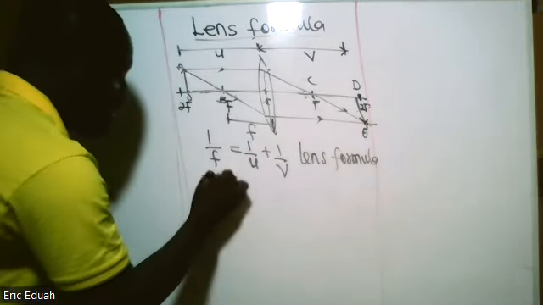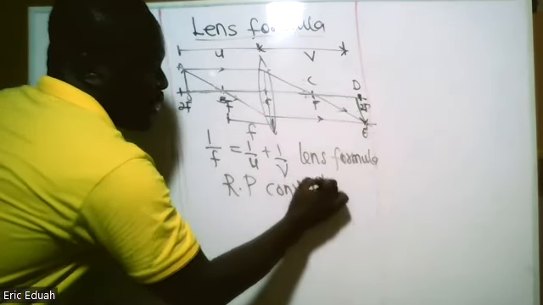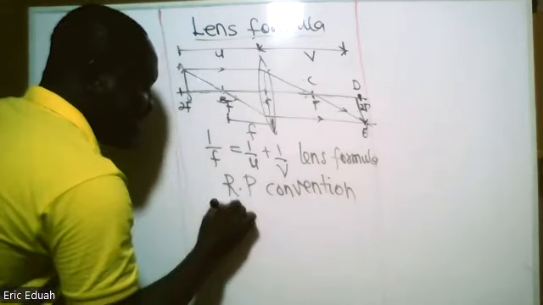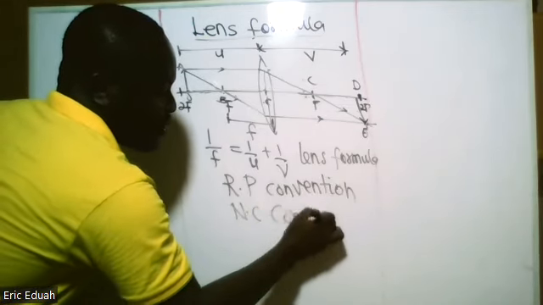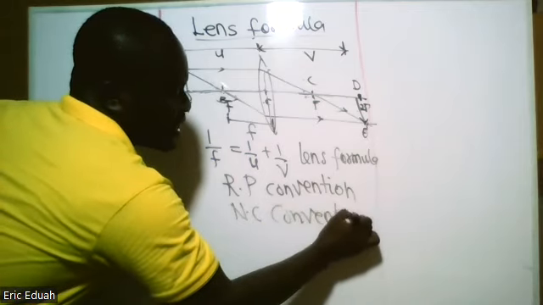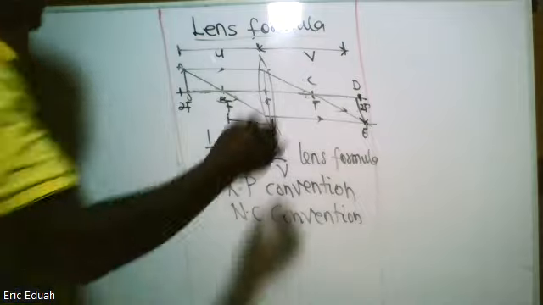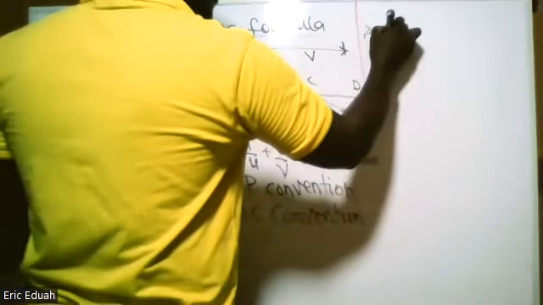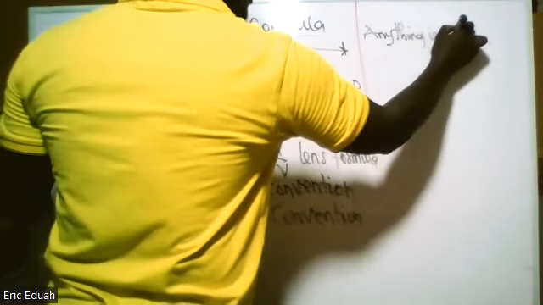The RP convention, and the NC convention. Under the RP convention, anything real is considered positive.